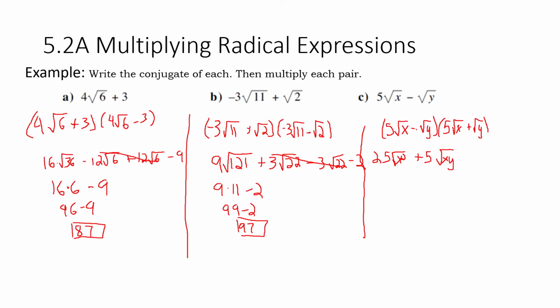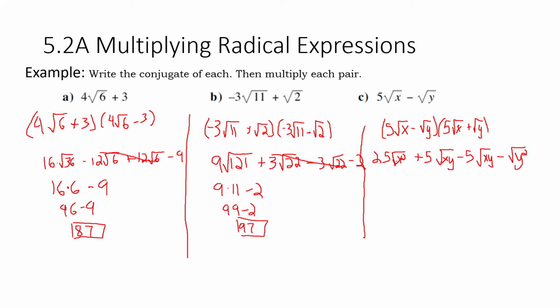On to the next one. Negative 1 times 5 is negative 5. Root y times root x is root xy. And then negative times positive is a negative. Root y times root y is y squared. All right, so 25, the x squared is a perfect square.